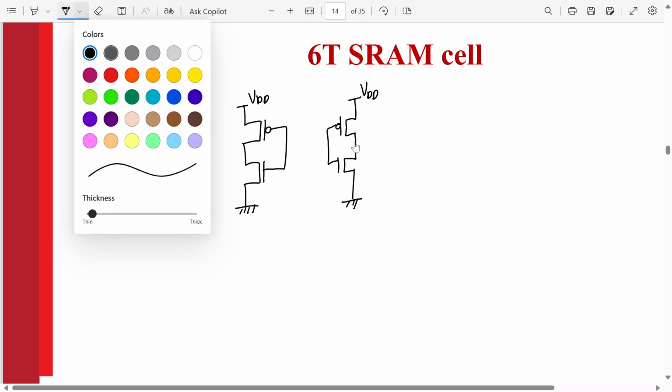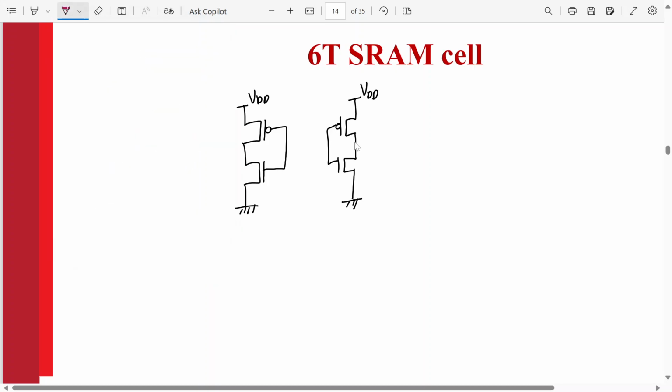The connections are made in such a manner that the output of the first inverter is connected to the input of the second, and the input of the first is connected to the output of the second. And this data node we call Q, and this data node we call QB.